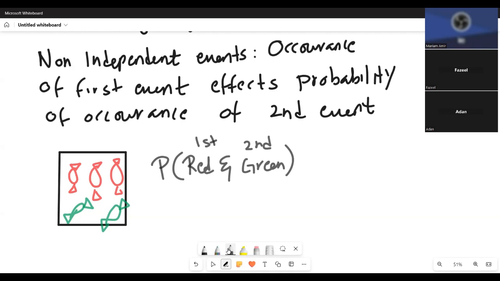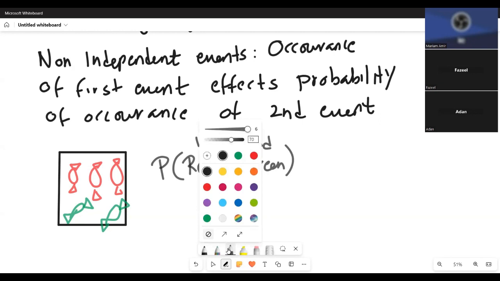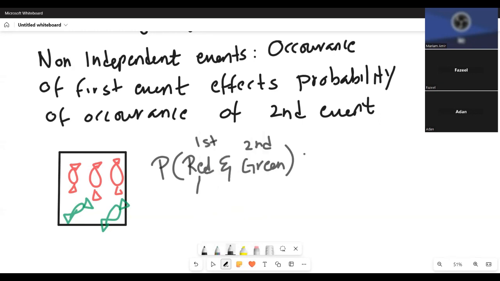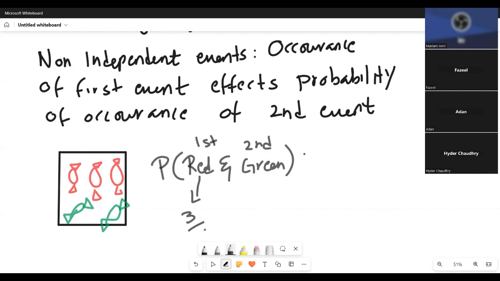And we have to find the probability that the first candy we got is red and the second candy we got is green. What is the probability of getting red? 3/5. Yes, if red comes first, then the probability of getting green is affected. Now it is 2/4. So these are not independent events.